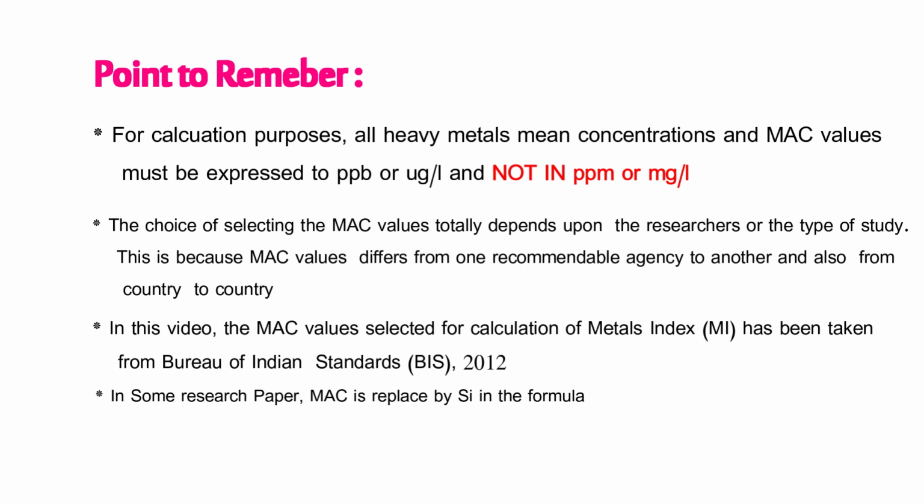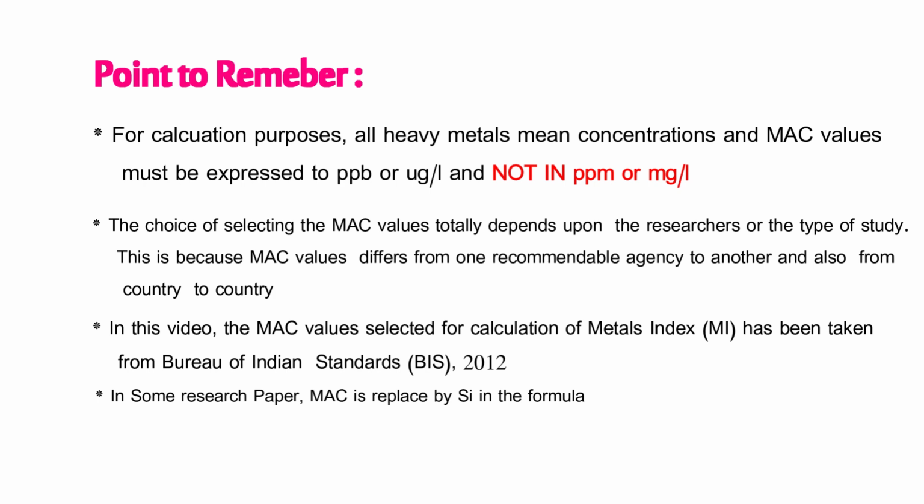Next, there are a few points researchers need to remember when using the metal index method. Point number 1 is, for calculation purposes, all the heavy metals' mean concentration or the values that you'll be using must be expressed in terms of parts per billion or micrograms per liter.